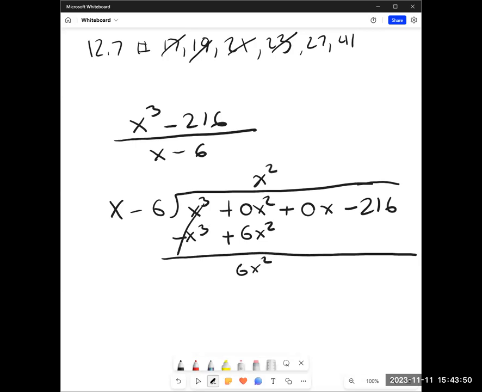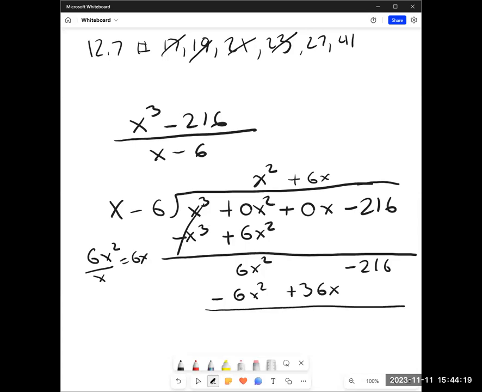And then we're going to bring down the next non-zero term here. So 6x squared divided by x is going to be a positive 6x. That's going to be 6x squared minus 36x. We change our signs and add.